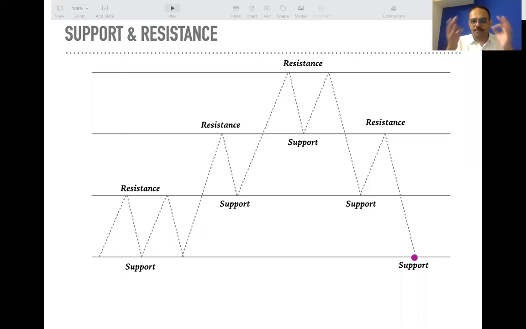How do we expect price will come back to support level? Price may go up also. That feeling is fear of missing out, right? Fear of missing out. FOMO is a very good word in stock market, and every trader, every investor has to overcome this fear of missing out.